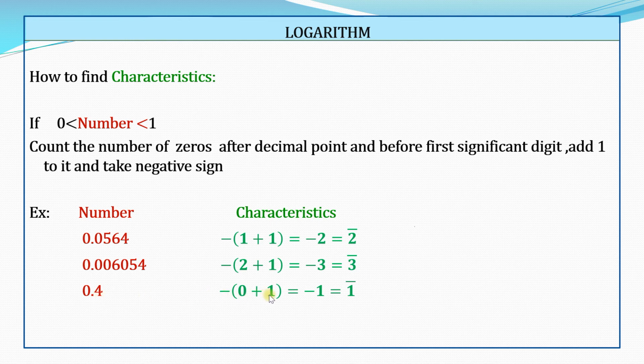So 0 plus 1 and take the negative sign, so minus 1, which you are going to write as bar 1. And in this example, you have 4 zeros after the decimal and before the first significant digit. So add 1 to it and take the negative sign. So you get minus 5 as the characteristic, and that we write as bar 5.